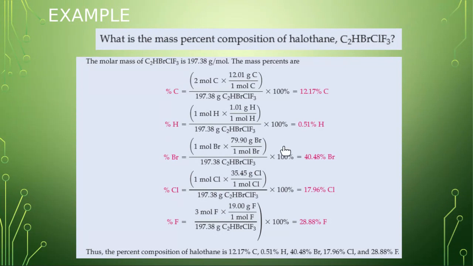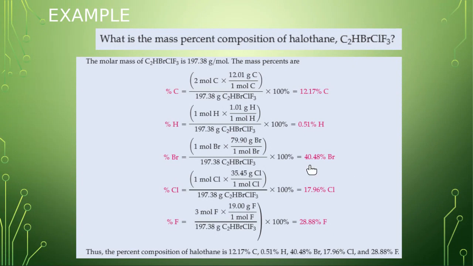This is only 1, but this percentage is very much more than the others. For example, fluorine atom is less than the bromine, because the fluorine atom is 3, but bromine is 1, but fluorine atomic mass is smaller than the bromine atom, so the percentage is lower than bromine.